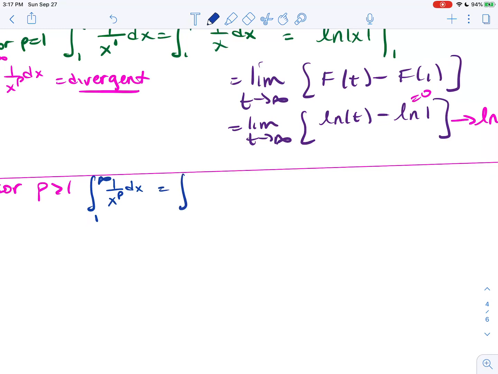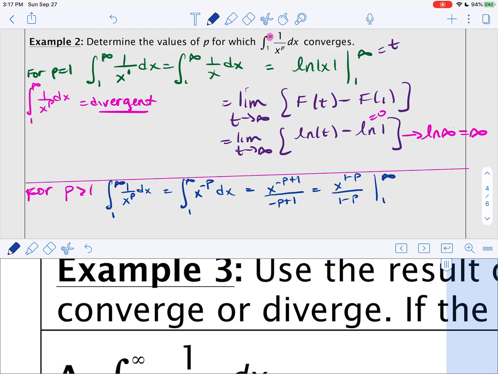We do not want to take the natural log, so we want to use our exponent rules, and we'll say that this is x to the minus p dx from 1 to infinity. And using our power rule, since we have x to a number, this will be x to the minus p plus 1 over minus p plus 1. And we can see that that is going to be x to the 1 minus p over 1 minus p, and we're going to go from 1 to infinity.